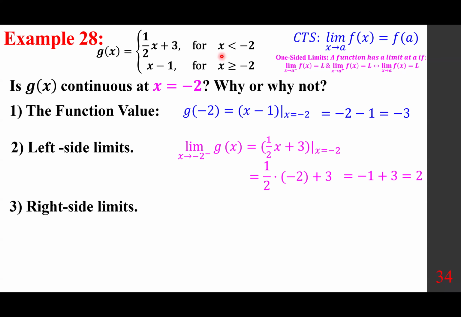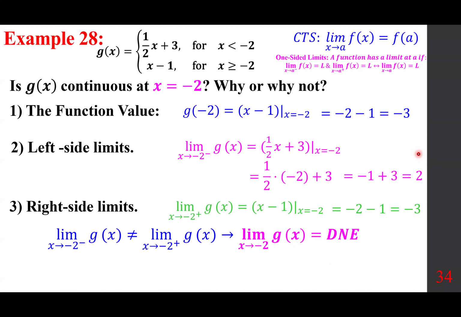Right side limit, larger than, we're going to work with this piece, and we get -3. As you can see, the left side and the right side don't have the same limit. Therefore, the limit does not exist. If the limit doesn't exist, the function cannot be continuous either. So the limit doesn't exist, and g is not continuous at x equals -2.